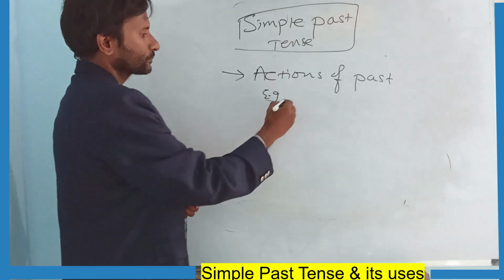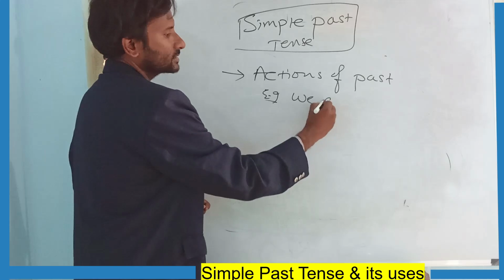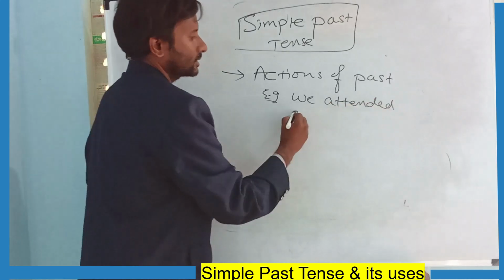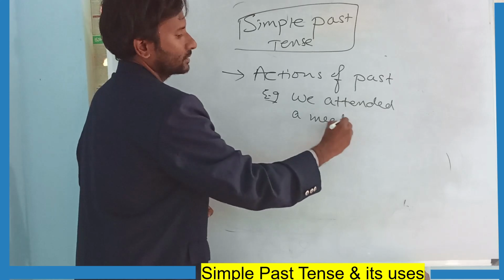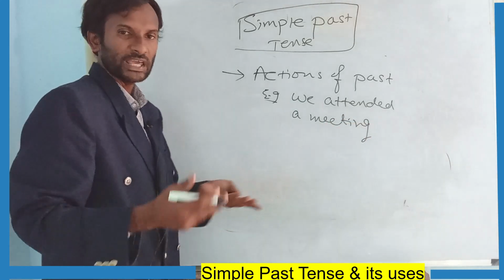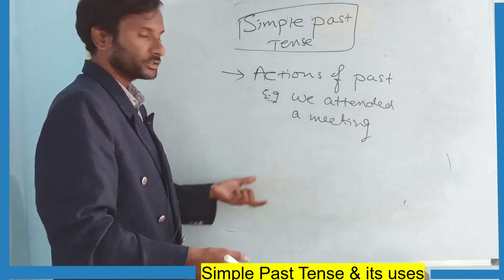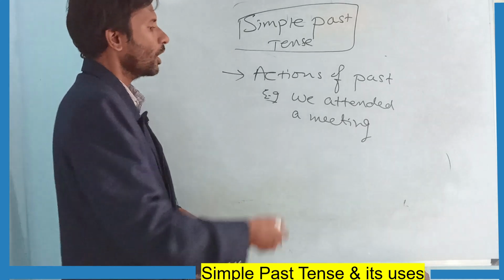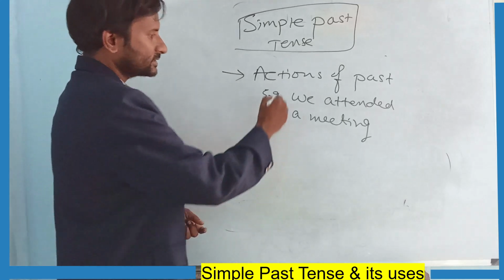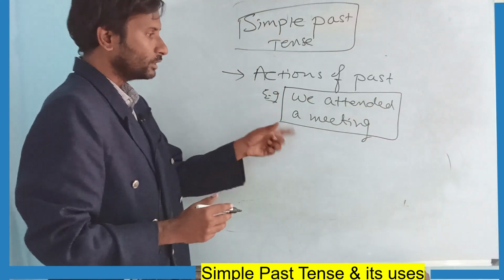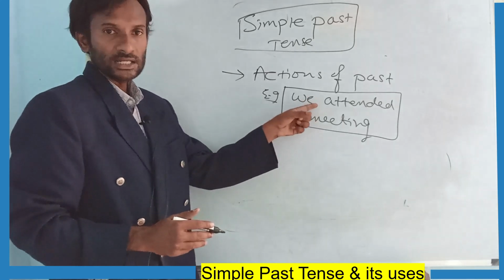Okay. So what is the example for this use? A simple one. We attended a meeting. When? It could be any time in the past, yesterday, last week, last month, any time. You are not mentioning it, but we are just telling we attended a meeting. This action is past tense because we don't need any time here, unless it is mentioned.